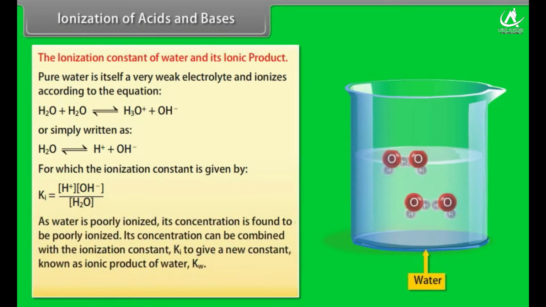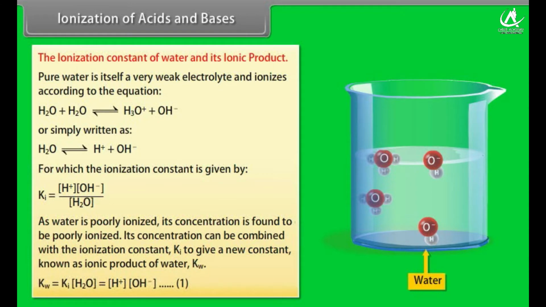As water is poorly ionized, its concentration is found to be practically constant. Its concentration can be combined with the ionization constant, Ki, to give a new constant known as Ionic Product of water, Kw. Name it as equation 1.